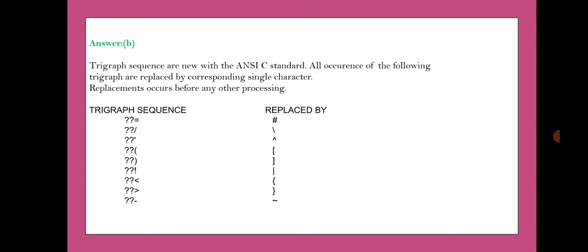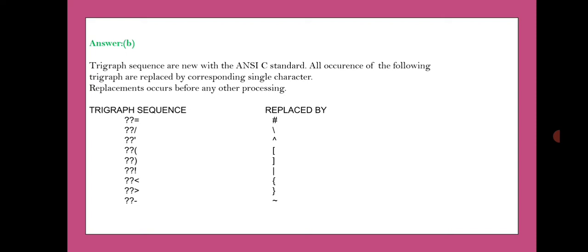Question mark slash is backslash, and caret for apostrophe, and open brace normal bracket gives a square bracket open, and for a close normal bracket it gives a square bracket close, and that symbol and curly braces and this symbol.